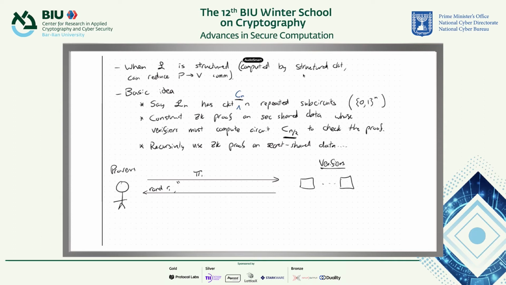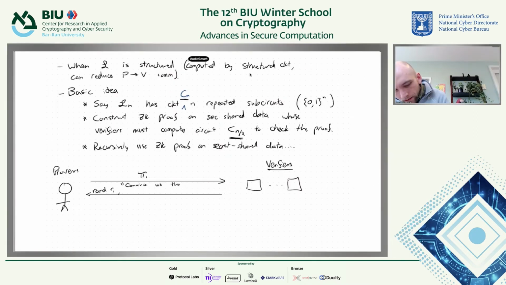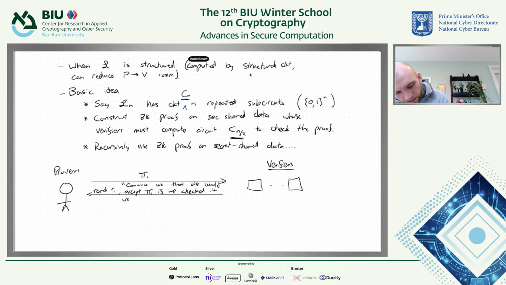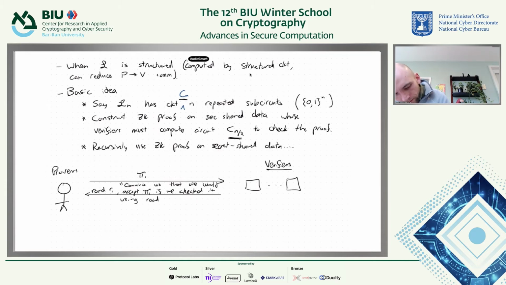And then they say to the prover, convince us that we would accept pi 1 if we checked it using randomness R1. So rather than checking the proof ourselves, we're going to ask you to convince us that we would have accepted the proof if we had checked it.